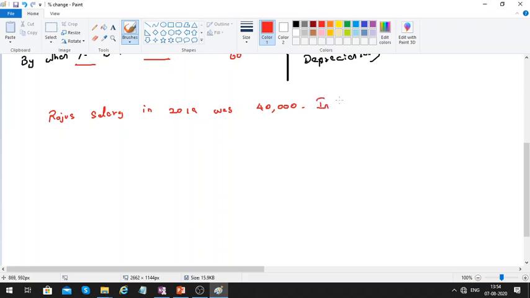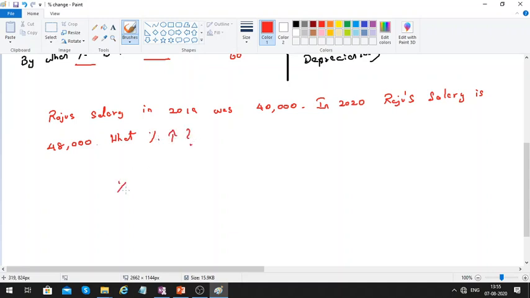In the year 2020, he got an appraisal of 8,000. So in 2020, Raju's salary is 48,000. What is the percentage increase in his salary?